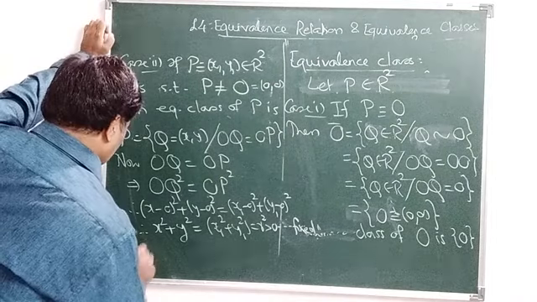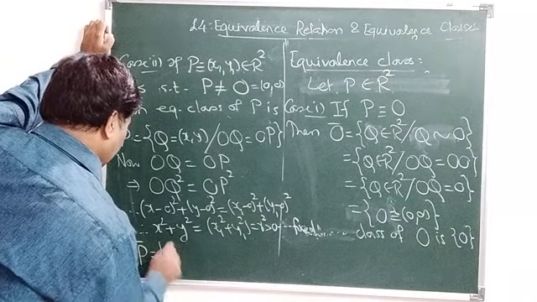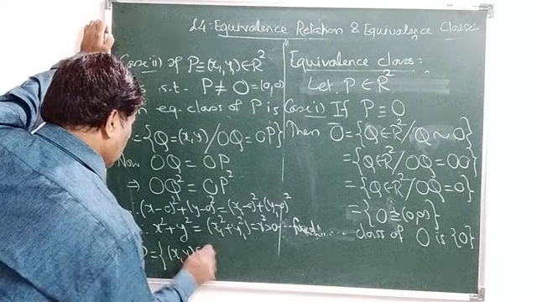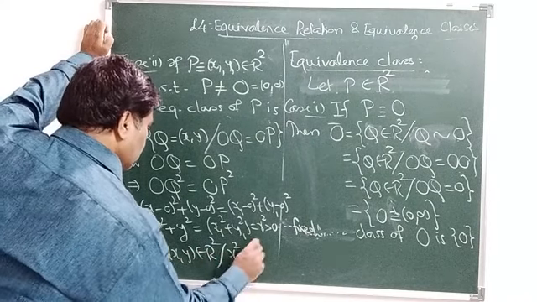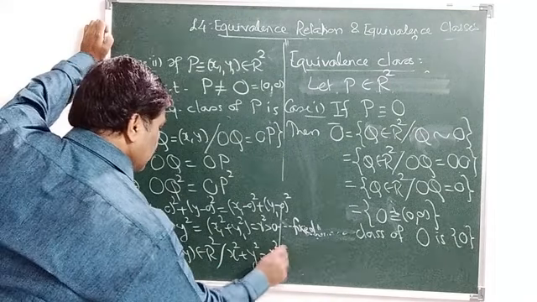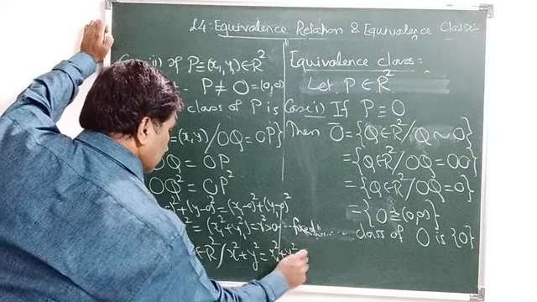And therefore, P bar is the set of (x, y) belonging to R² such that x square plus y square is equal to x1 square plus y1 square.